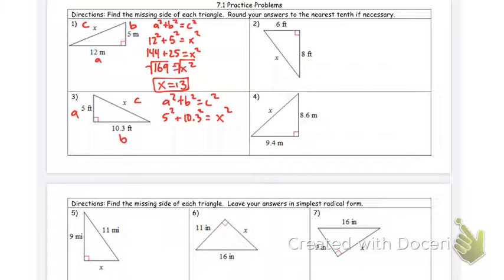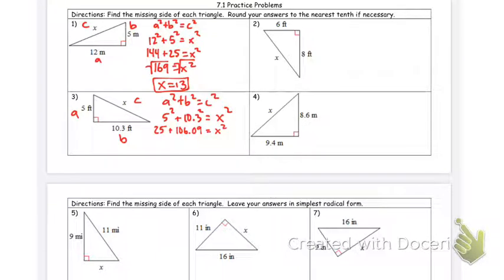We're going to throw this in our calculator. So 5 squared is 25. 10.3 squared is 106.09. And it's equal to x squared. And now we're going to add these two guys together.